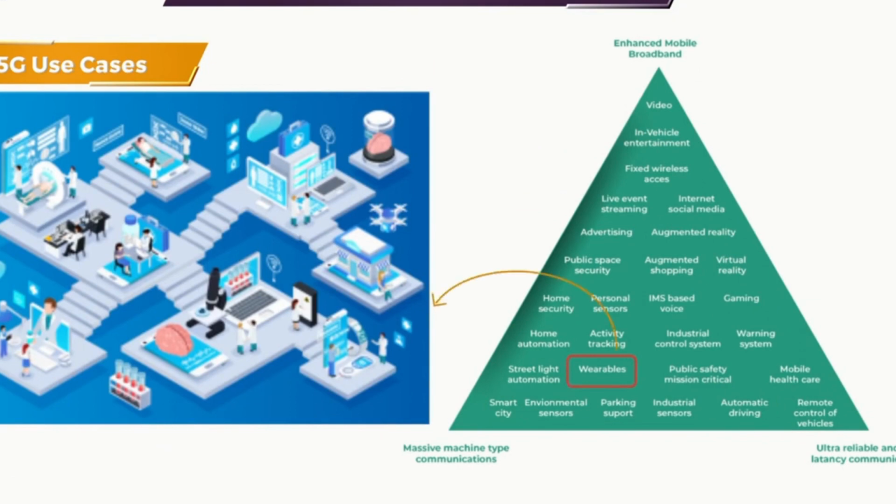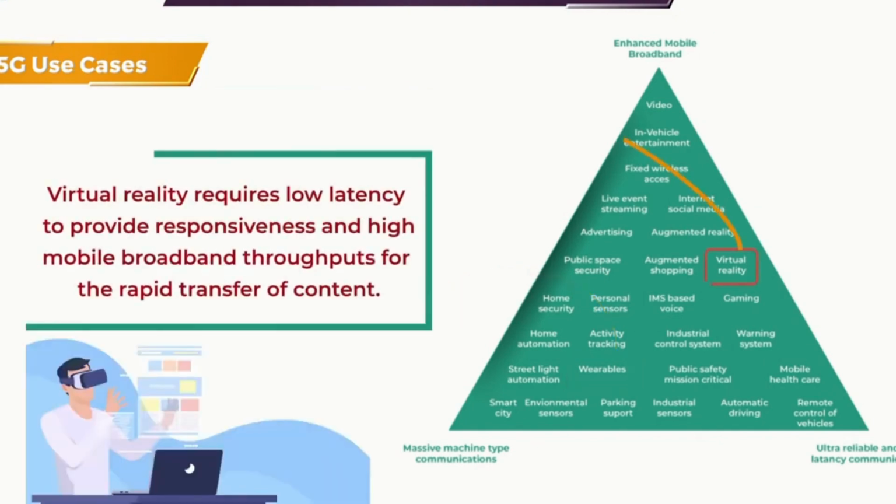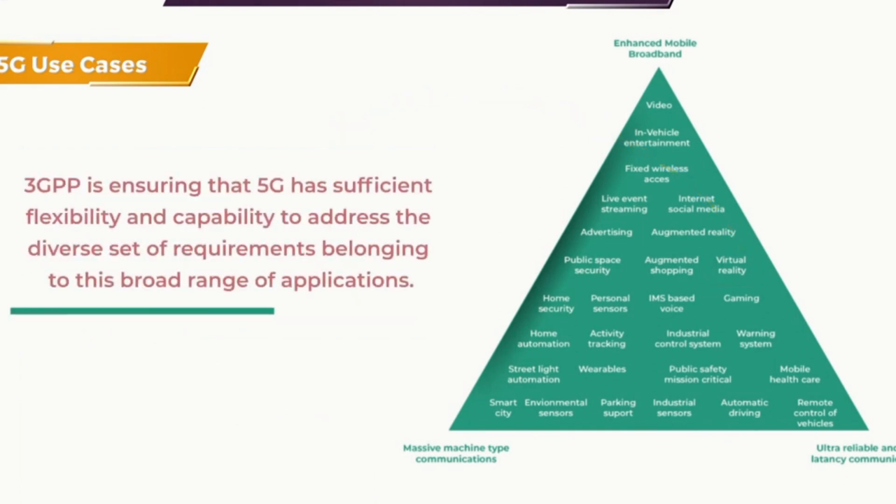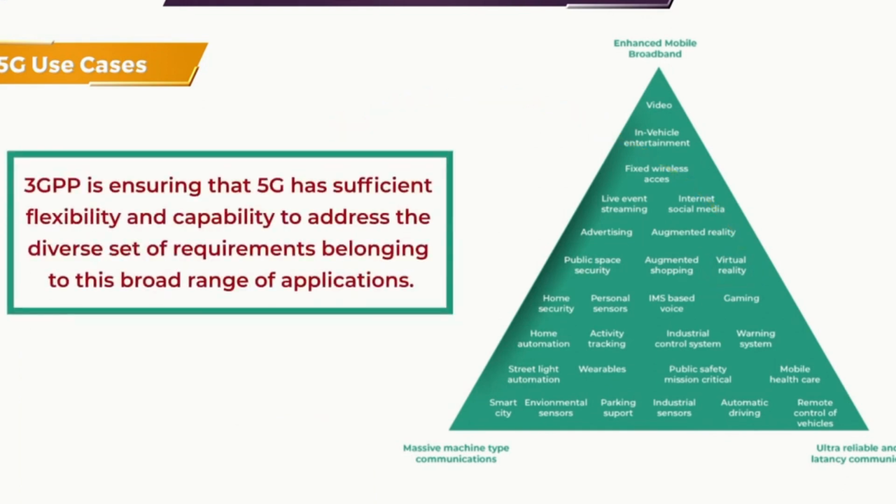Many applications require components from multiple use case categories. For example, virtual reality requires low latency to provide responsiveness and high mobile broadband throughputs for the rapid transfer of content. 3GPP is ensuring that 5G has sufficient flexibility and capability to address the diverse set of requirements belonging to this broad range of applications.